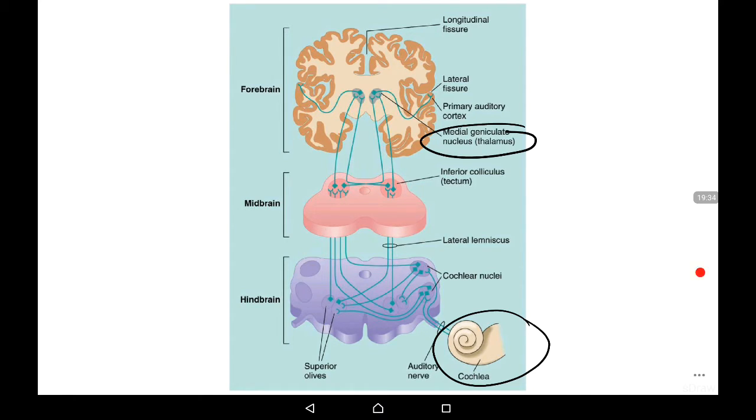The lateral geniculate nucleus was for the visual analyzer, and here we have the medial geniculate nucleus. So it's the thalamus, where we have many synaptic contacts between the neurons, and from this medial geniculate nucleus thalamocortical neurons are produced, and their axons reach the primary auditory cortex in the temporal part of the brain cortex. This is the central part of the acoustic analyzer.